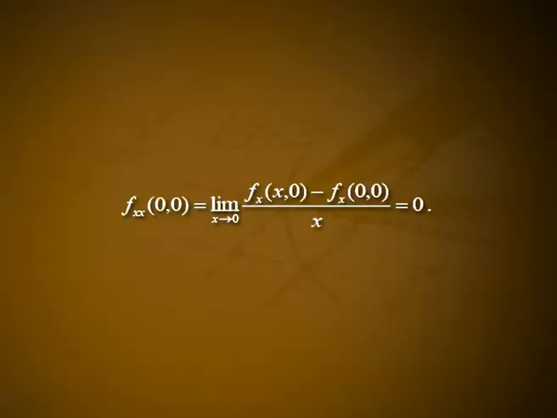Let us now show that the conditions of Young's theorem are also not satisfied. Now, fxx at (0,0) is equal to the limit of [fx(x,0) − fx(0,0)] divided by x as x tends to 0, which is equal to 0.